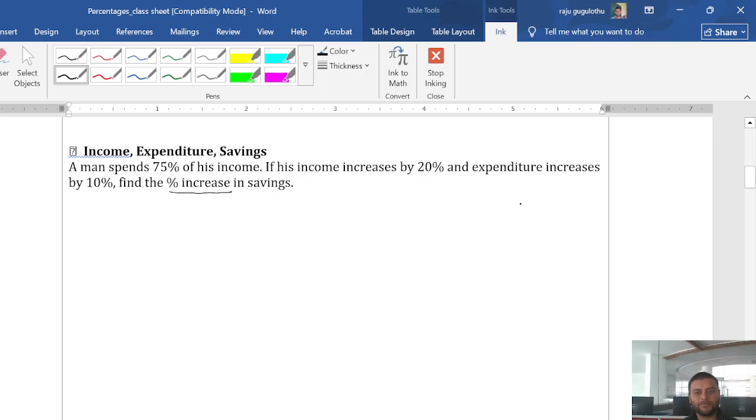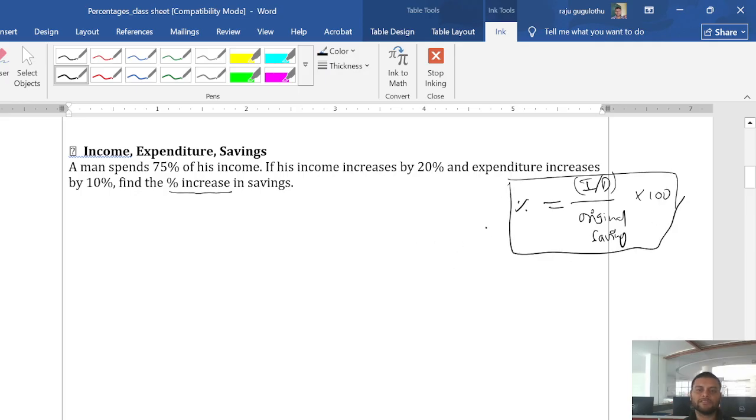And we clearly know that if we want to find percentage increase or decrease, we will be writing original savings in the denominator, and in the numerator we'll be writing the increase or decrease in the savings, multiplied with 100. This is what we have been discussing in the previous classes, and we will be answering this question.